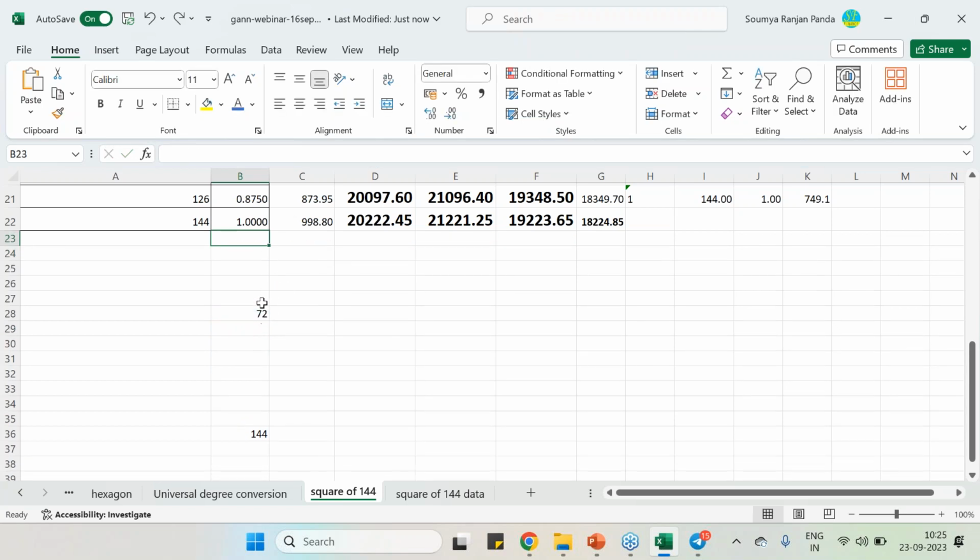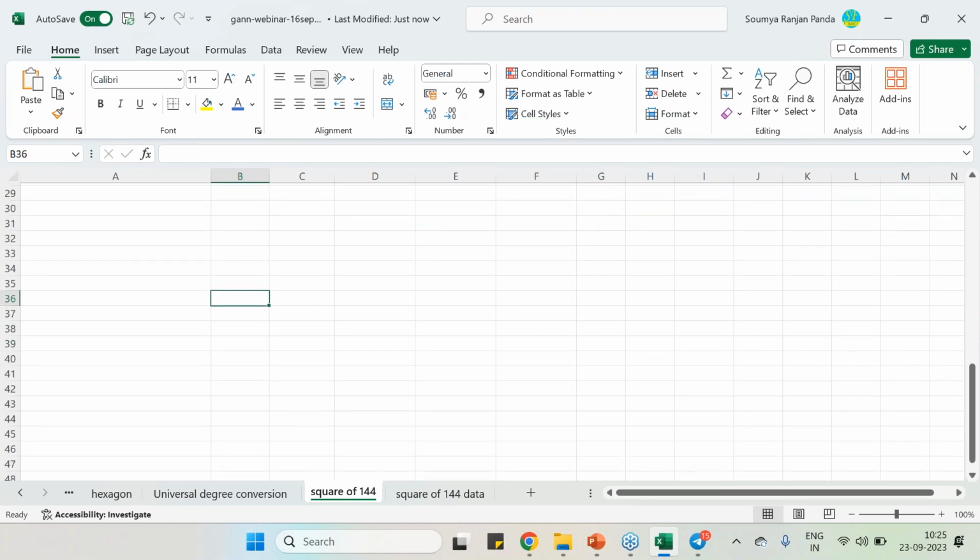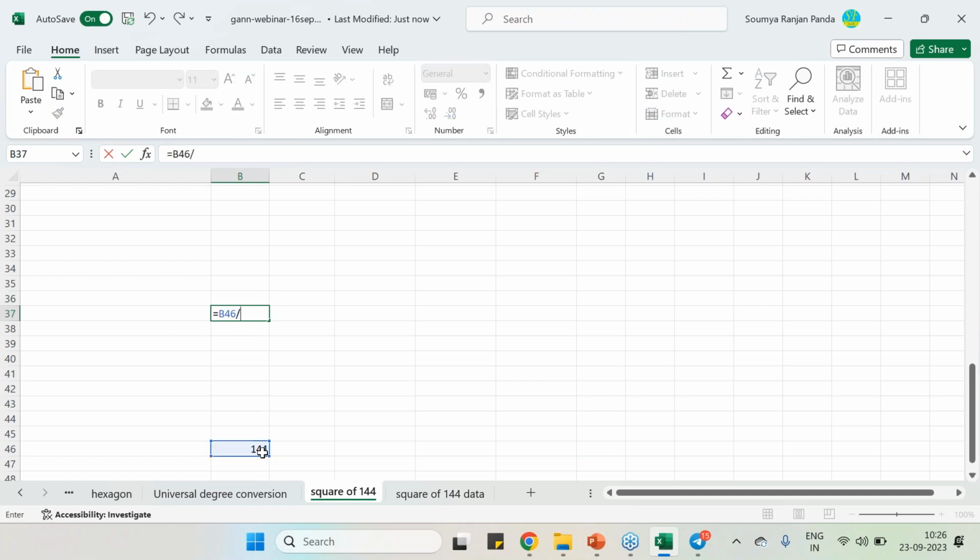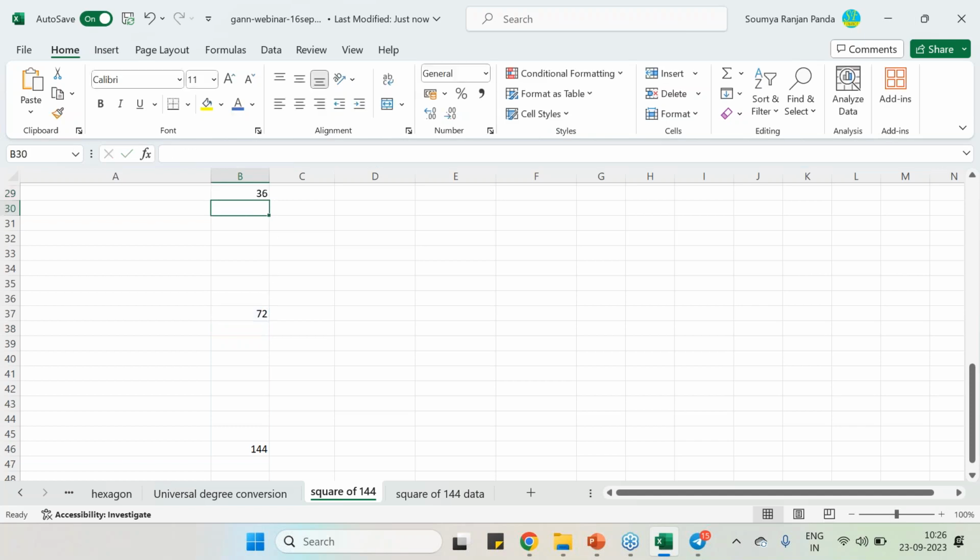So I'll bring it down a little. Here I put 144, and half of it is 72. This is how 72 came. How did 36 come? 72 divided by 2. So you found out how 36 and 72 came.